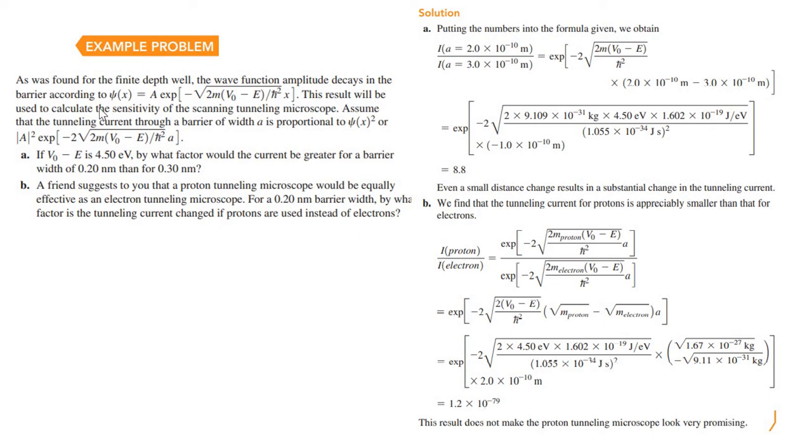This result will be used to calculate the sensitivity of the scanning tunneling microscope. Assume that the tunnel current through a barrier of width A is proportional to psi x square, or mod A square, which is this. So all of a sudden in this problem I uttered the words scanning tunneling microscope. Probably all of you have heard this word. Often we call it STM.